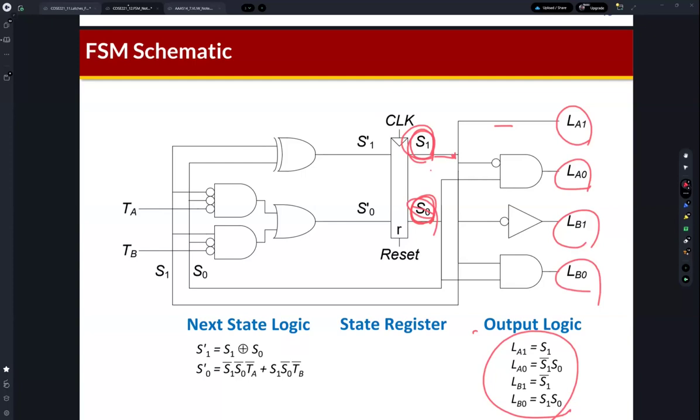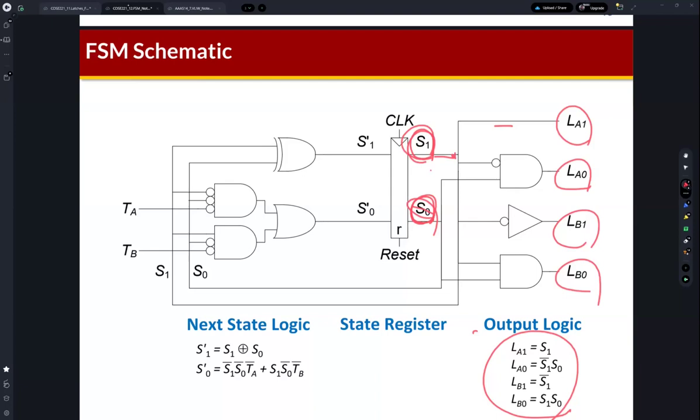So this is the FSM design. So firstly, we define input and output, and then we define state transition diagram. And then based on the state transition diagram, we can build the state transition table and output table.